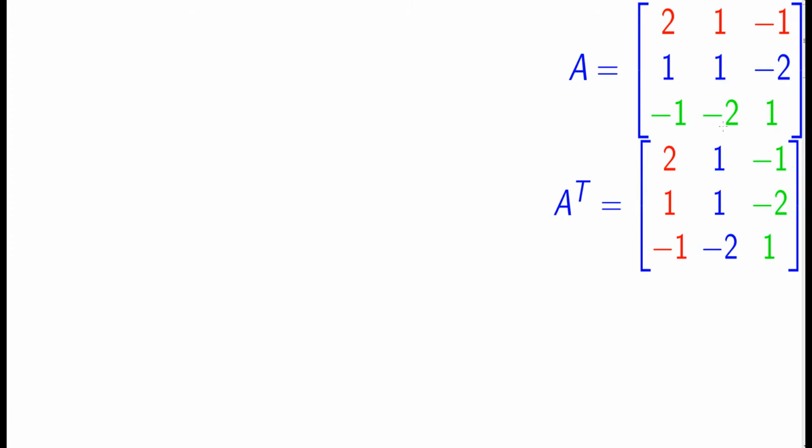Here we have matrix A. To write the transpose of the matrix, write the first row as first column and second row as second column and third row as third column.